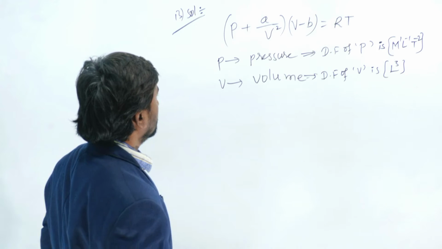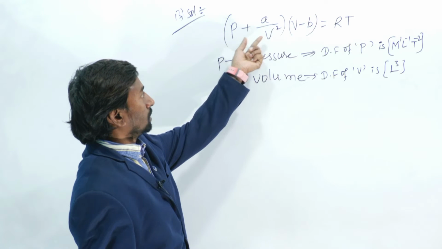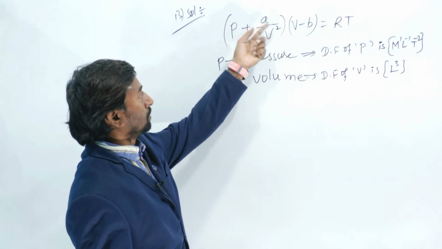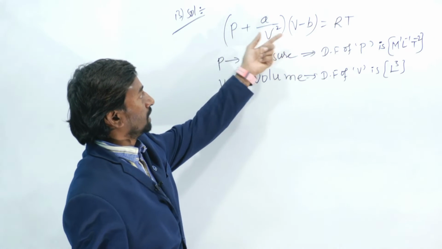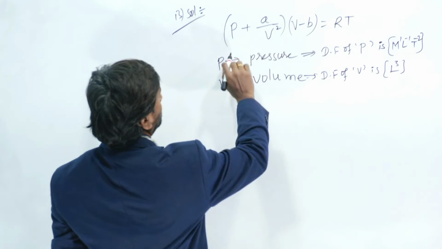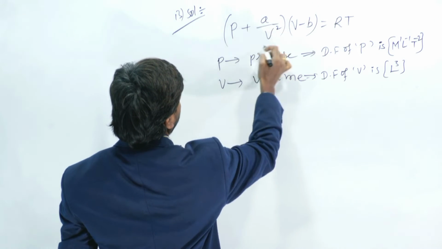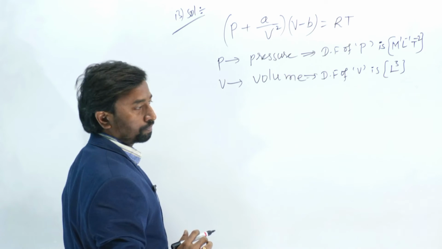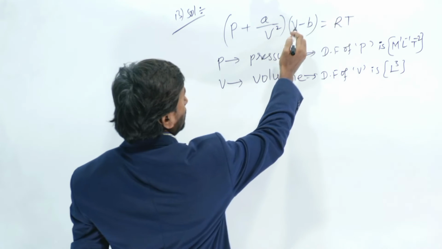Now in the LHS there are two terms, with a plus between them. Each and every term must have the dimension of pressure, since this is a pressure, and the other term must have the dimension of volume, since this is a volume.